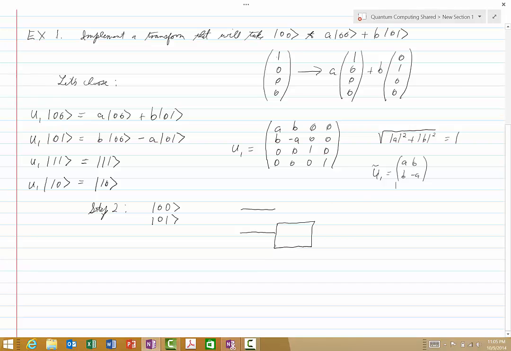And that will act on the second bit, and we only want it to act on that second bit when the first bit is equal to 0. So we put a hollow circle up there, and then we'll have this.